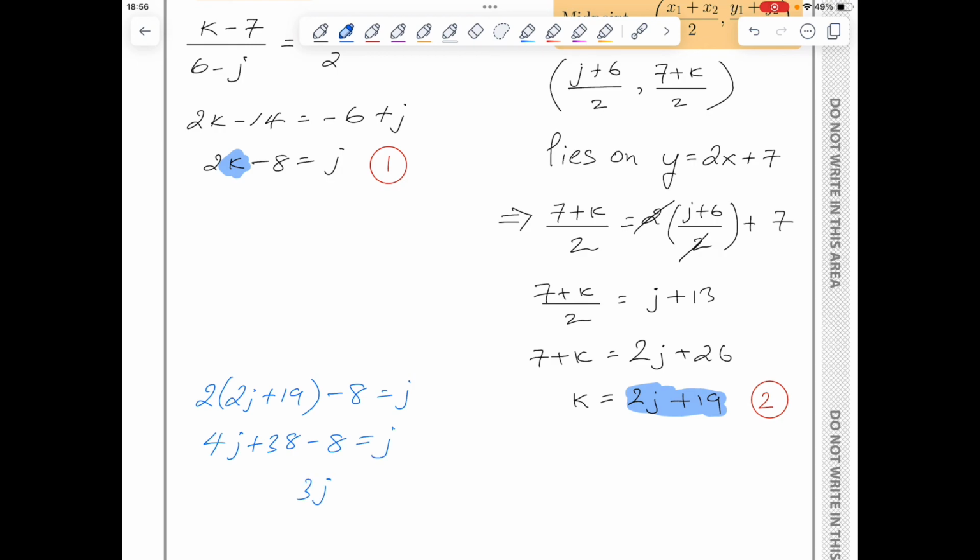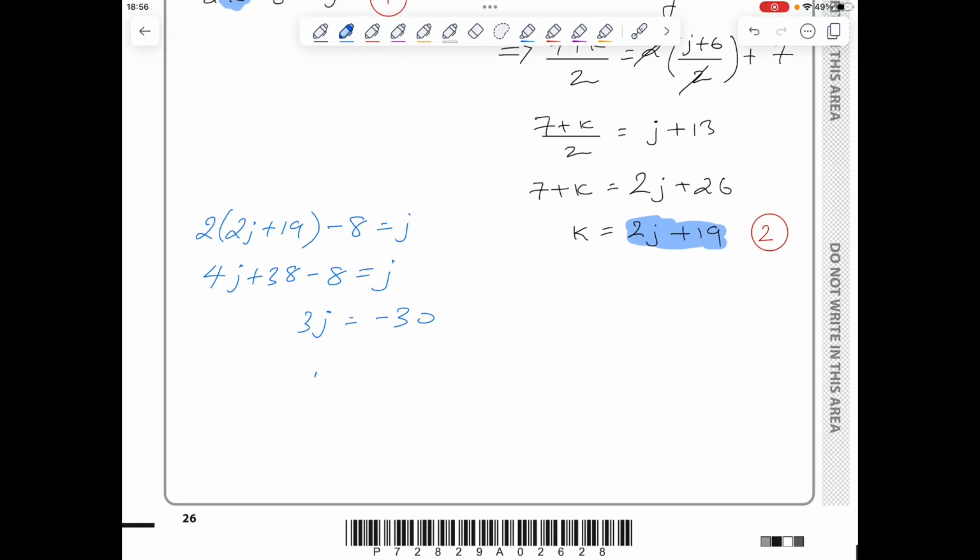So 3j is equal to minus 30. j is equal to minus 10. Replace this j into equation 2. So k is equal to 2 times minus 10 plus 19. So k comes out to be minus 1.